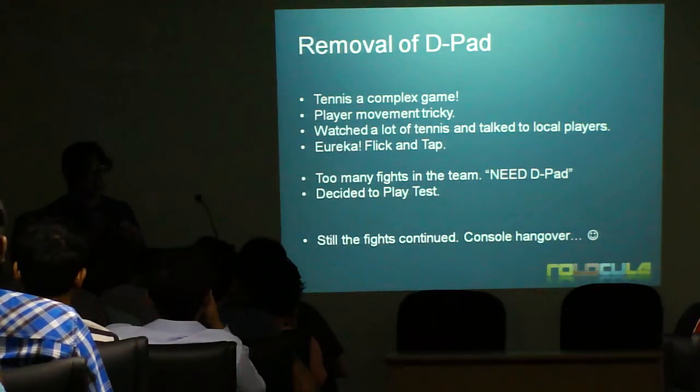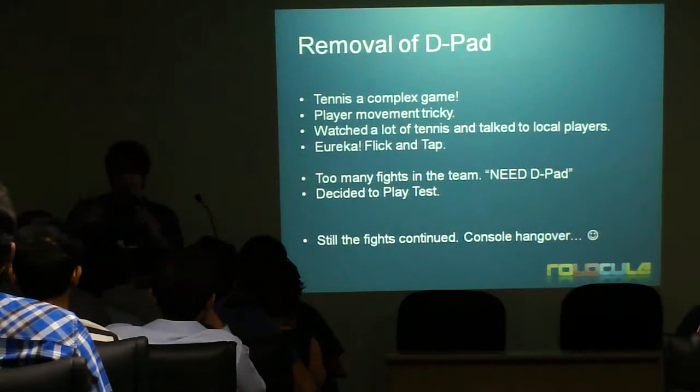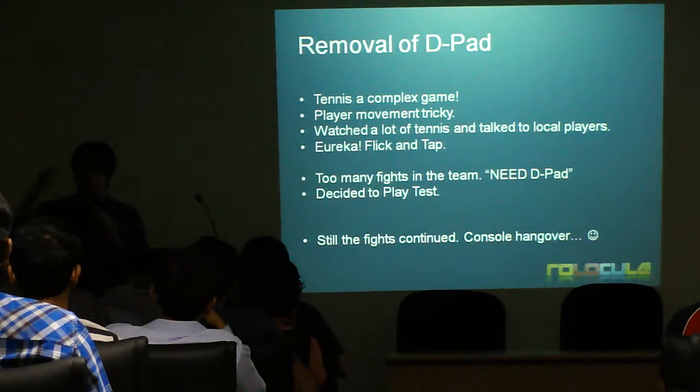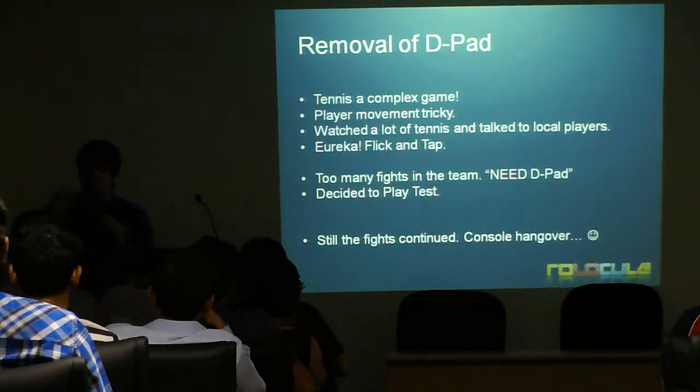And we came up with an analysis, and it's a very interesting one: whenever you are receiving the ball, that means the opponent has hit the ball to your court, your subconscious mind is always to approach the ball. In competitive tennis, you will never say, I will not run towards it.